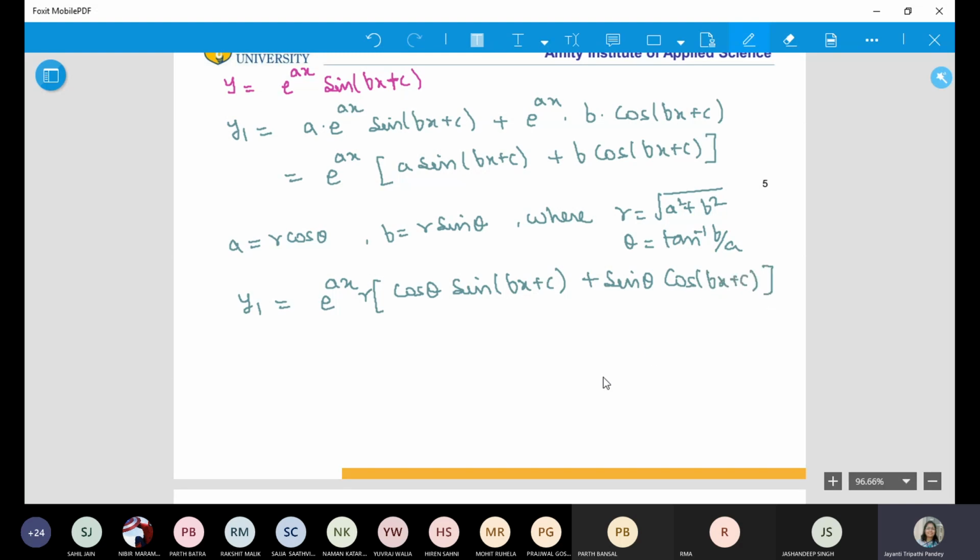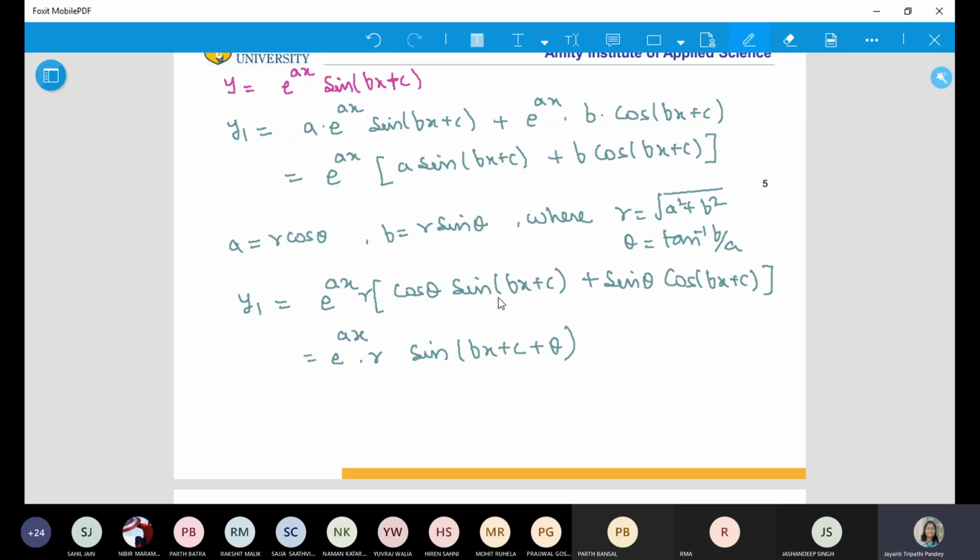Is this fine? You can write it as e to the power ax r sin(bx plus c plus theta). Any doubt, any problem in this?